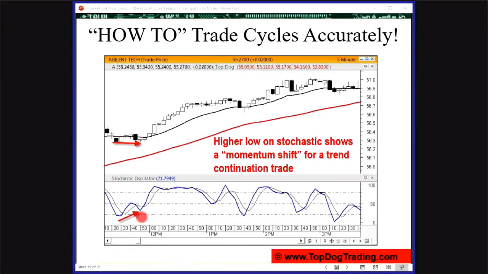George Lane, who created the indicator, created it as a momentum indicator. Now we reduced the value of K down to 5. The reason we did that is because we want to measure momentum shifts just within five or six bars, really 5. One, two, three, four, five.